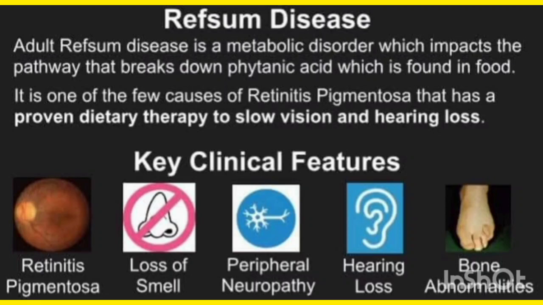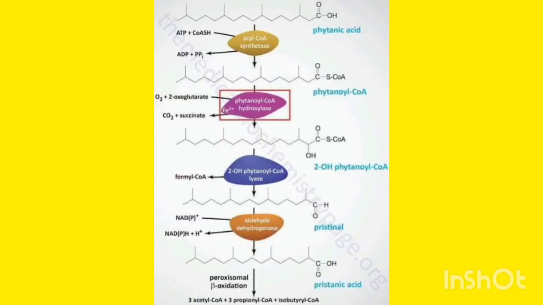Phytanic acid is present in certain foods like milk and meat, and there is a pathway in which it is broken down, but this is disrupted in Refsum disease, and so you get many problems.